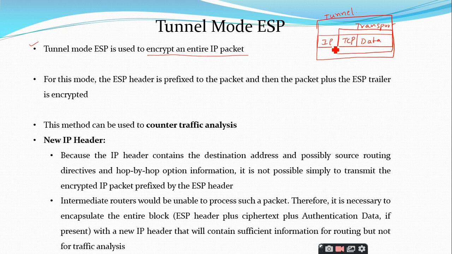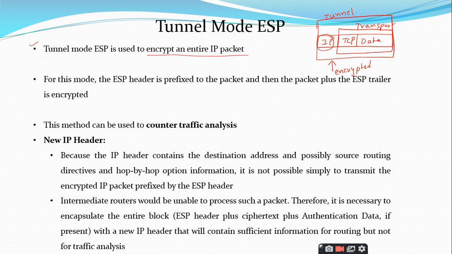Though the attacker gets the packets from the tunnel mode, he is not able to get the information related to this IP header, because it is encrypted. So this is the advantage we have with the tunnel mode. That is the reason why I said that the tunnel mode is somewhat safer than the transport mode.